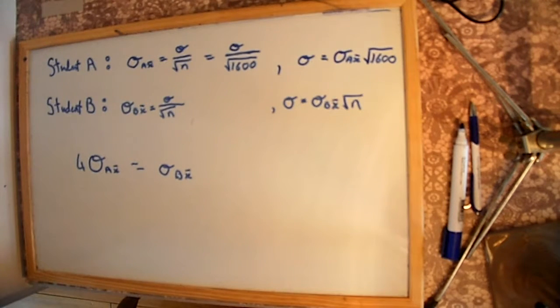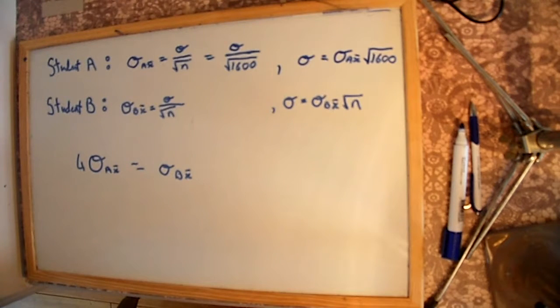So for student B, we don't know what n is. For student A, we know that it's 1600. In this question we know that the standard deviation of student A's sample is going to be a quarter the size of student B's.